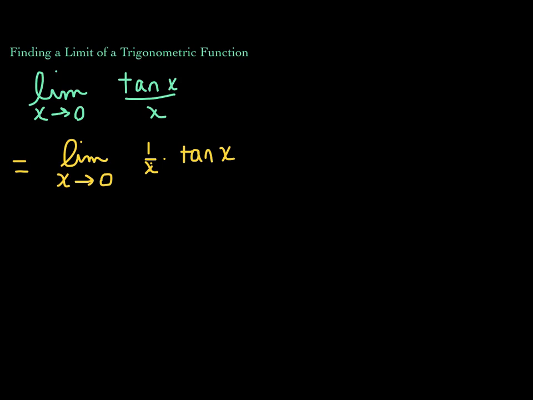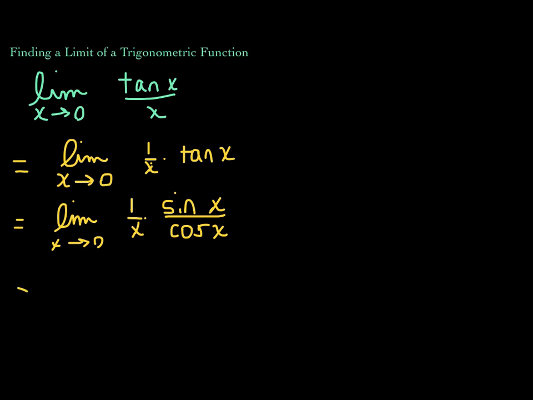And then what we can do next is say this is equivalent to the limit as x approaches 0 of 1 over x times, now tangent of x, you'll remember from your trig studies, is sine of x over cosine of x. This is a quotient identity, right?